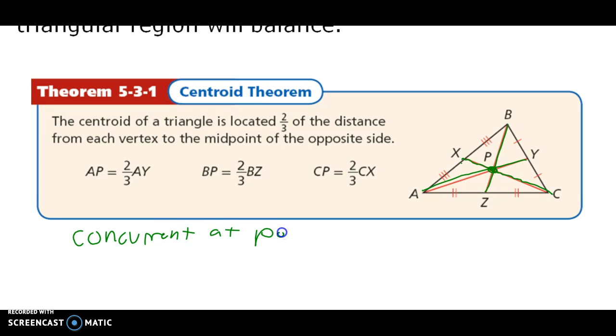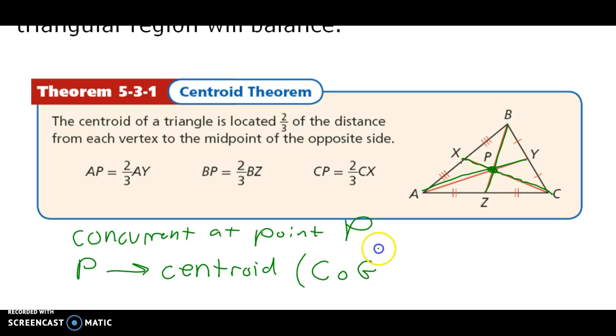at point P. That means all three lines intersect at point P. And P is the centroid, which we call the center of gravity.